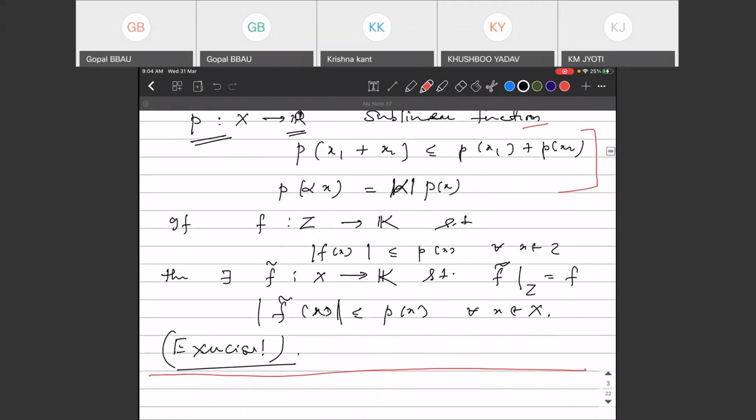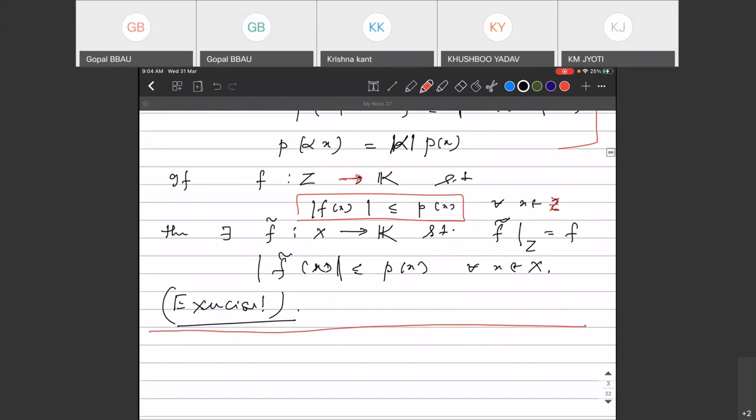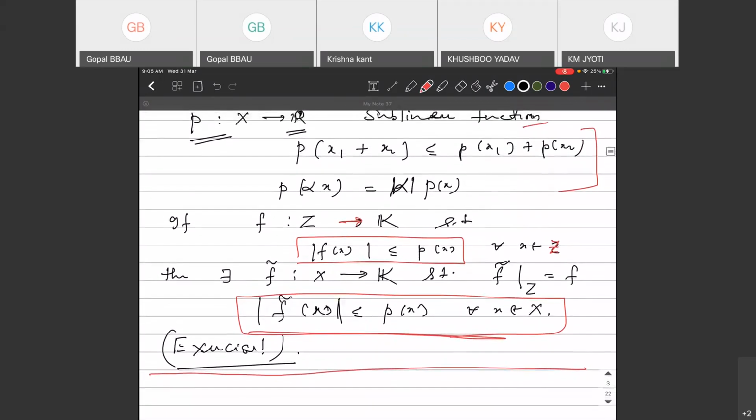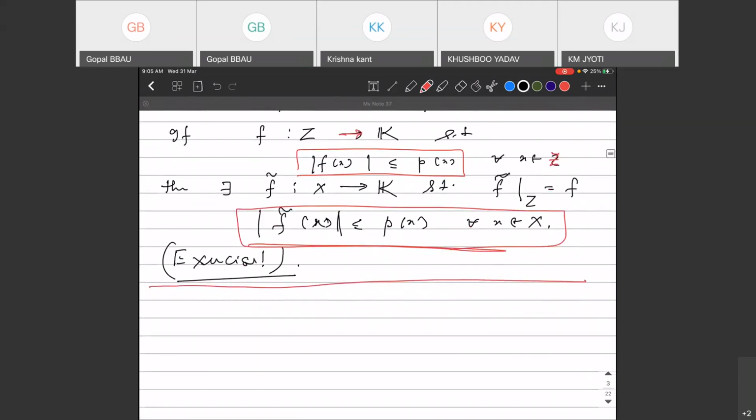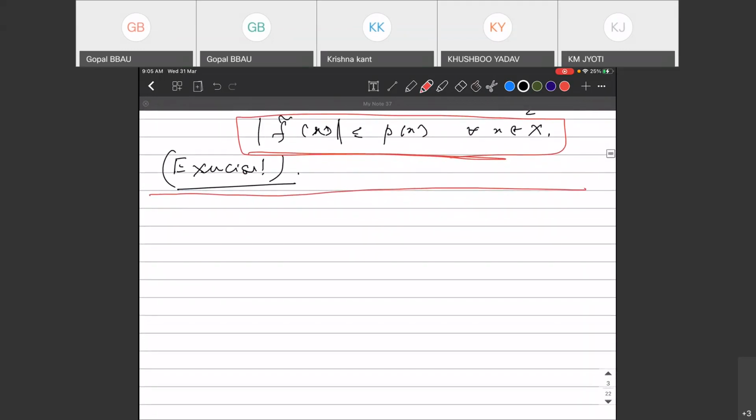If Z is a subspace of X and f is a functional on Z such that mod of f(x) is less than or equal to p(x) for all x in Z, then by the Hahn-Banach theorem there exists an extension of f on the whole of X such that the same inequality holds for all x in X. We will use this theorem to prove a more general Hahn-Banach theorem for normed spaces. Okay. Now the Hahn-Banach theorem for normed spaces.